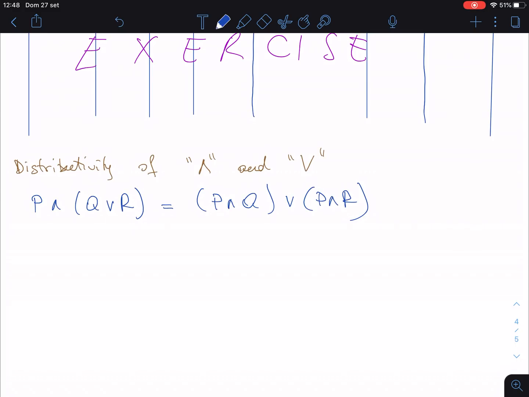And in a pretty analogous way, you have that P or (Q and R) equals (P or Q) and (P or R). Okay?